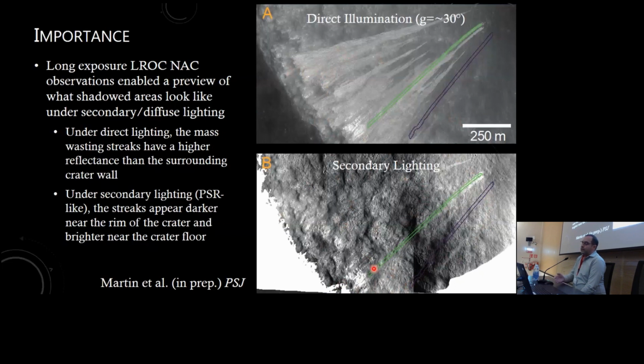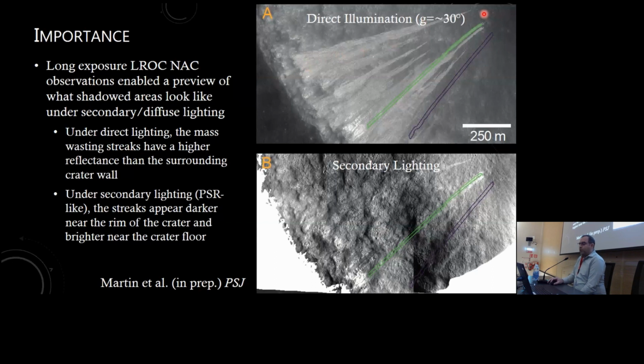So incidence angles closer to 90 degrees in the directly illuminated areas, and then it's reflecting light into the shadowed terrain. For example, here we have an illuminated crater wall on the outside, reflecting light inside. One of the unique things that was noticed is that you have these bright mass wasting streaks going around the crater. Under direct illumination, they remain bright going all the way down the crater wall.